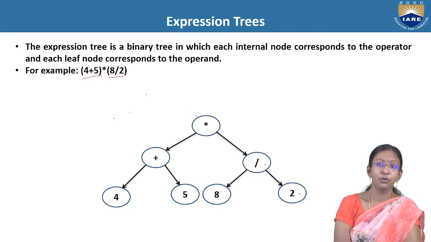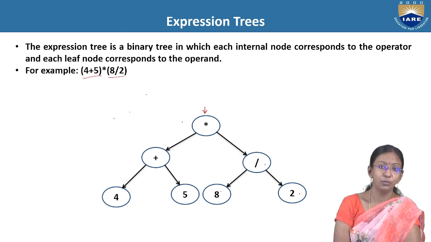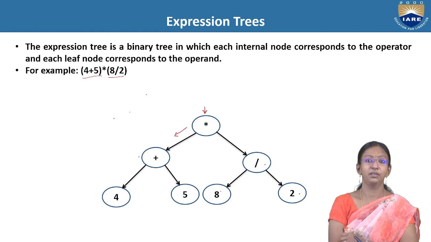First of all, I'm going to start with the root. As we all know, when we work with a nonlinear data structure like a tree, we have only one node's address in our hands, which is the address of the root. That is the address of the star, right? So I'm going to travel leftward towards the left subtree.